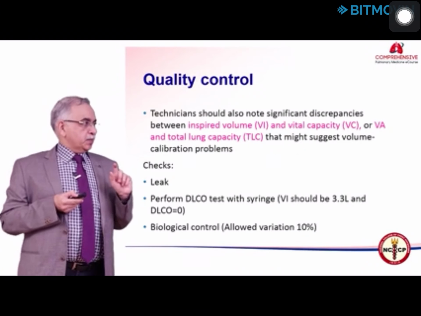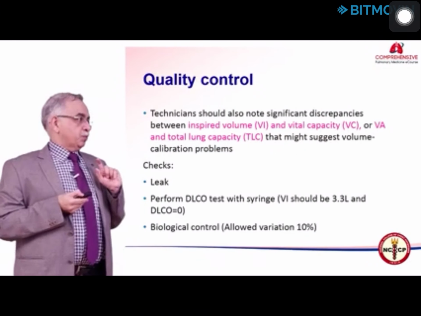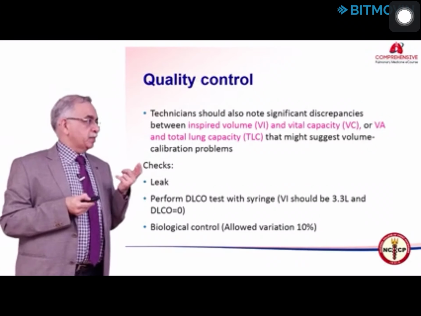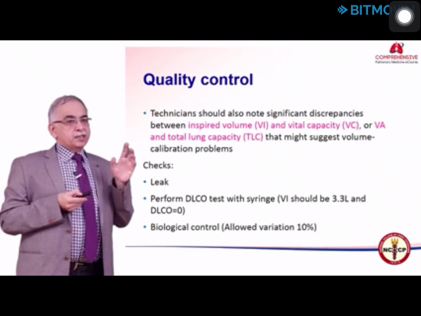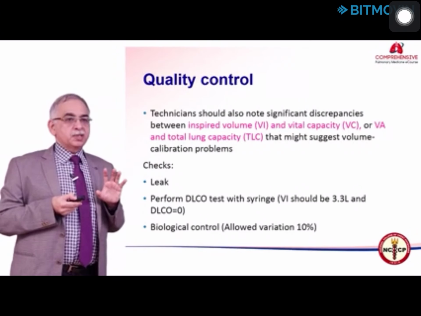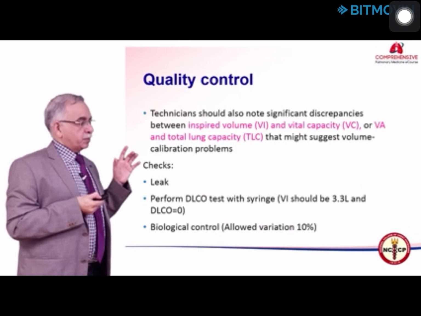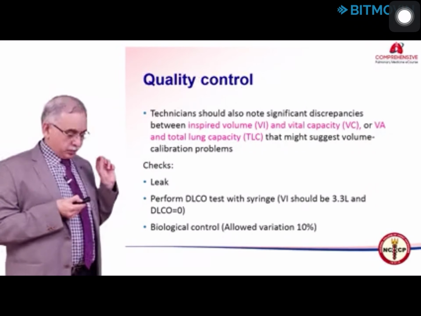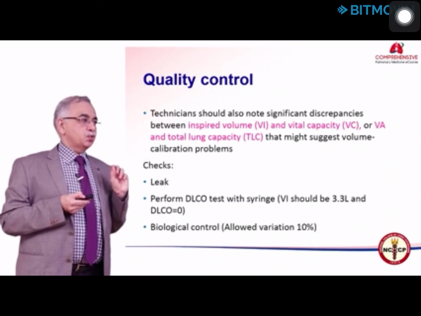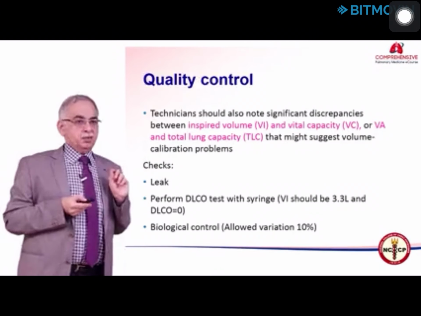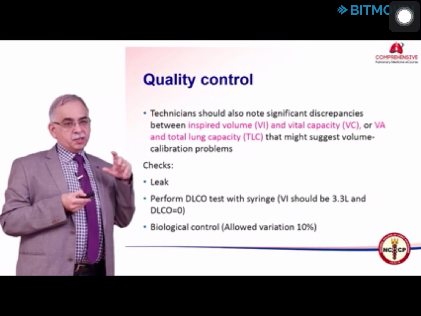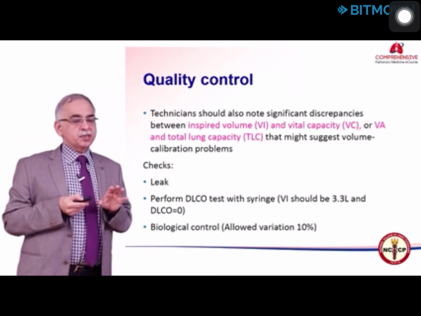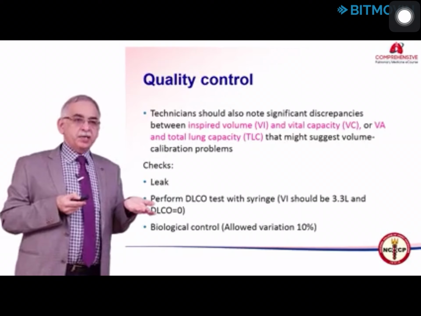It is very important that the patient inhales properly. Any discrepancy between the patient's inhaled volume and the total lung capacity will suggest that there is a volume calibration problem. Equipment must be checked for leaks from time to time, and it is very good lab practice to have a biological control, which means we do the test repeatedly, say at weekly intervals, in a perfectly normal individual, the same individual every week.